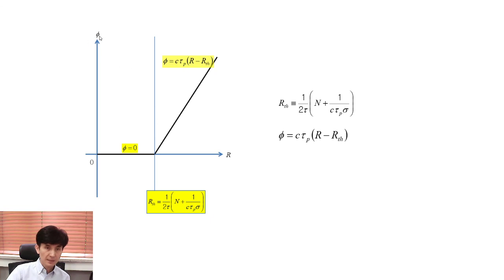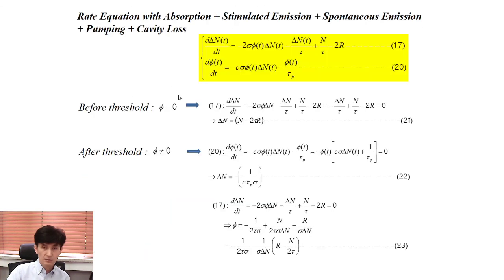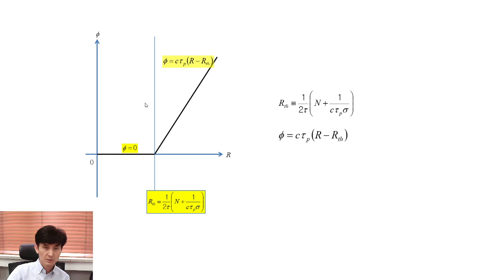If we plot phi in two regions, where phi is equal to 0, that means phi should be 0, constant. And as phi is not 0, then phi becomes like this. So as a function of r, phi is c times tau p times r minus r threshold. So we have this linear relation of phi as a function of r.